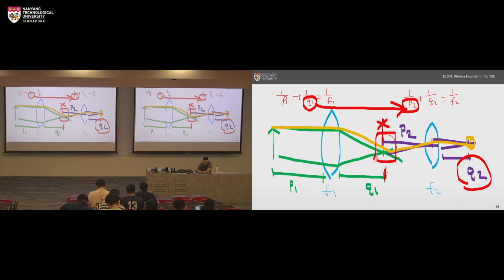Your first image should be your second object, or else the light cannot continue. So it means that the location of your Q1 will also be the location of your P2. I'm not saying the value of your Q1 equals the value of your P2. It's the location of your Q1 that determines the location of your P2.